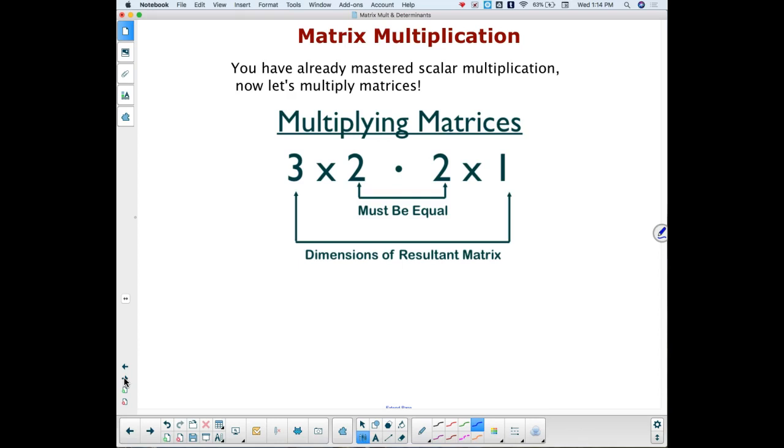For instance, in this particular case, I am multiplying a 3 by 2 matrix by a 2 by 1 matrix. And I can do that because these middle two dimensions are equal. If those middle two dimensions are not equal, you cannot multiply the matrices together.